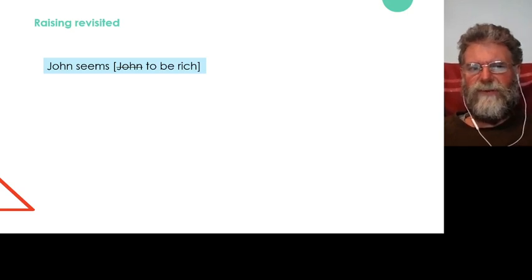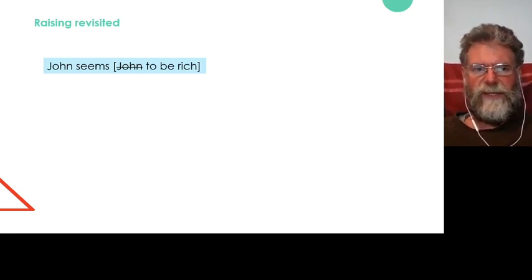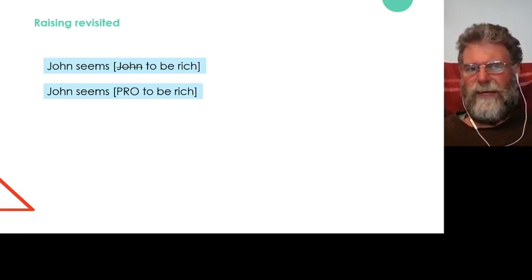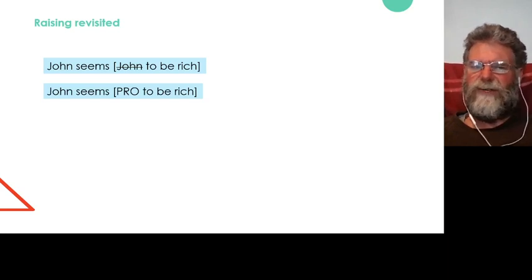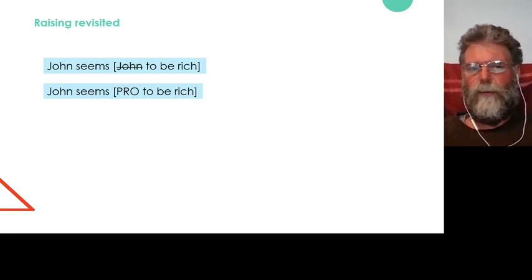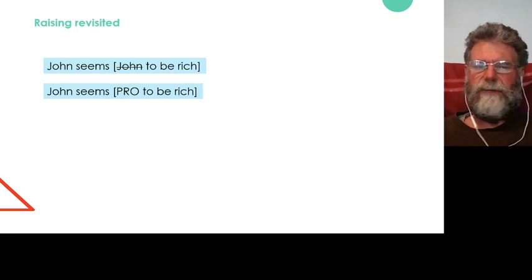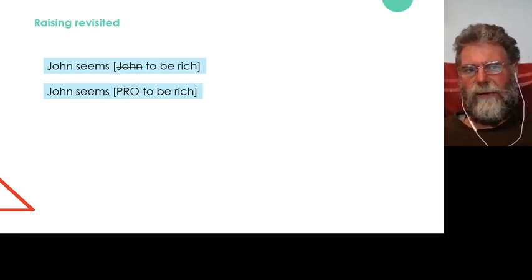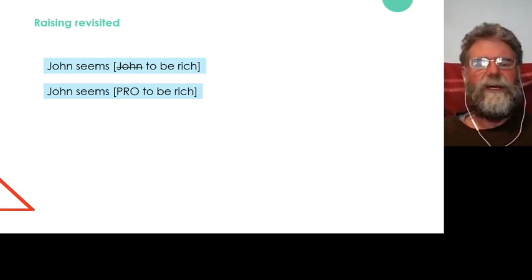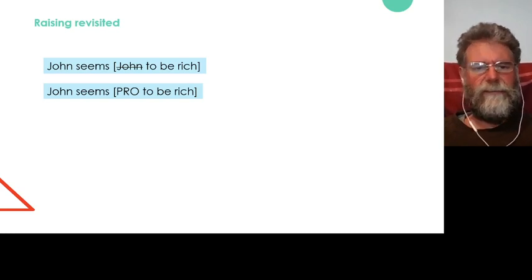However, we've now just introduced this idea of there being a silent pronoun sitting in the subject position. So maybe we could argue that actually that's what's going on in this case. There's no movement here at all, but what we have is a silent pronoun in the lower clause and John is up there in the higher clause already.